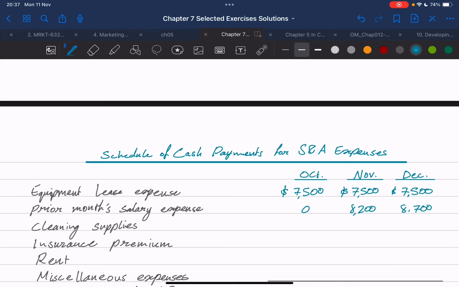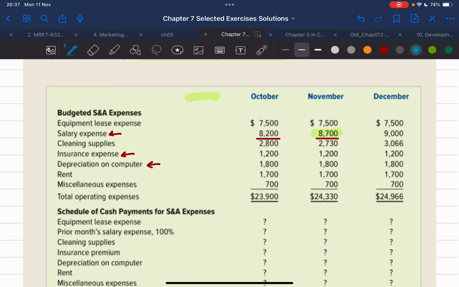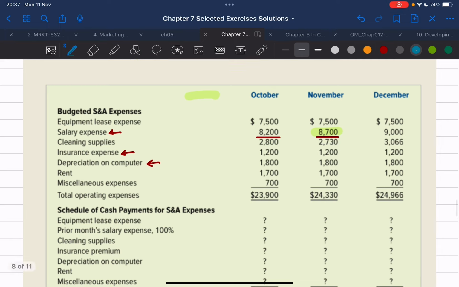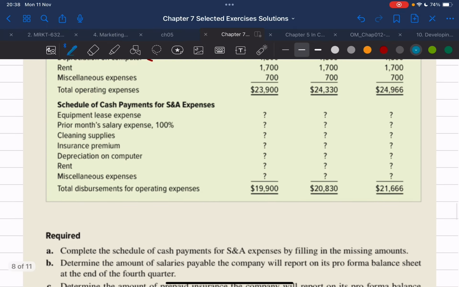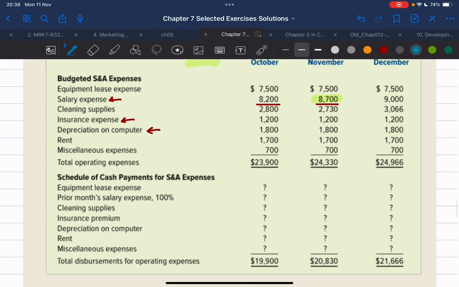Now for the cleaning supplies, all of the expense is going to be paid in cash in the same month. So for October, we're going to be paying $2,800 in cash for cleaning supplies. For November, 2,730 right here.